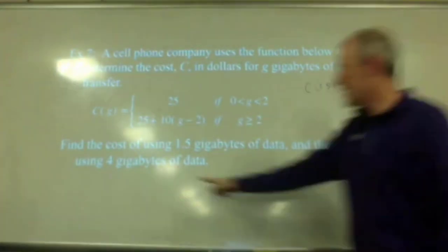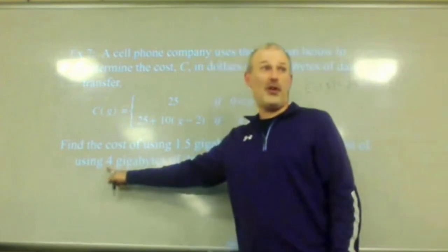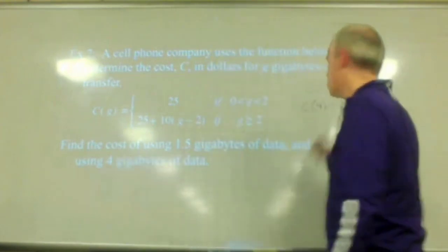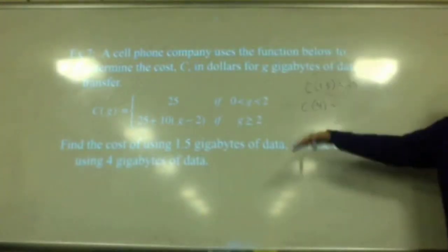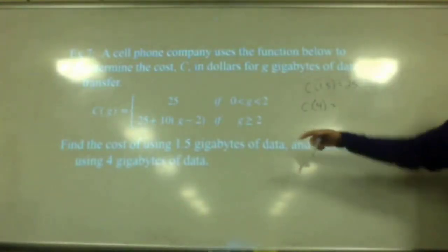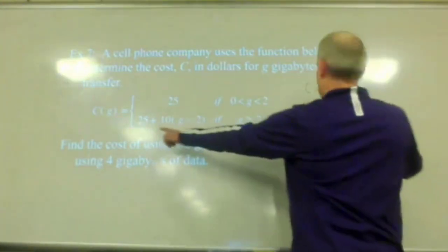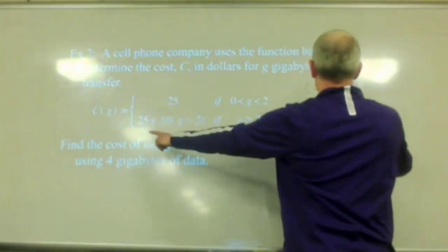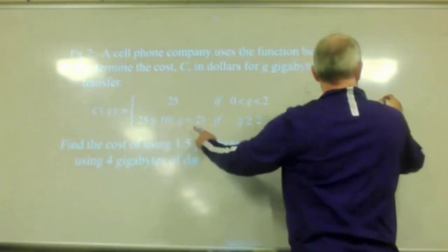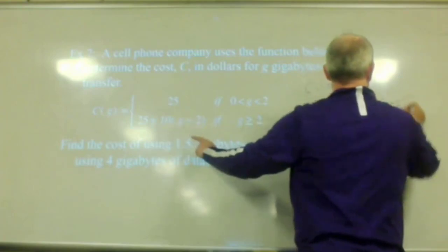But what if you used 4 gigabytes? So C of 4, this one takes more work. Is that the top or bottom? Bottom, because it's bigger than 2. So here's what we'd have to do. We have to use this function, 25 plus 10 times 4 minus 2.